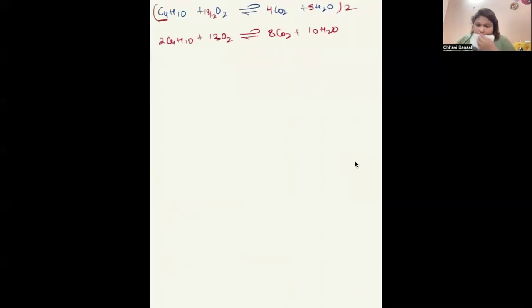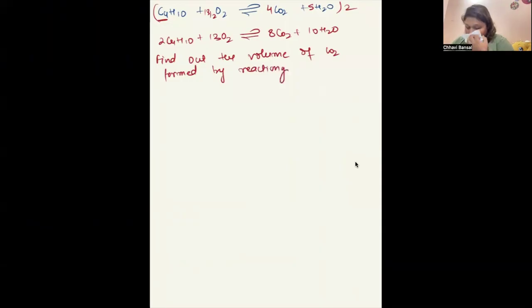Fine. Now the question is, find out the volume of CO2 formed by reactant (32 grams of O2). Okay. Now what are we given?